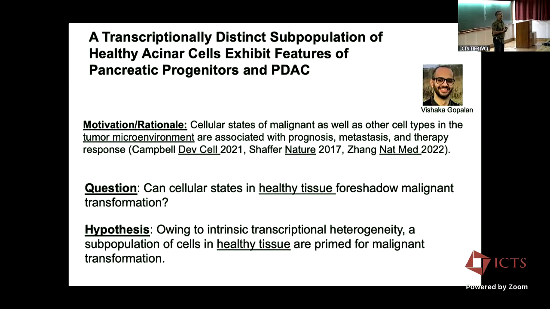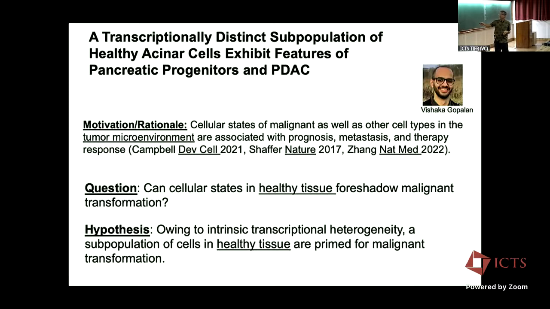Why wouldn't this happen in normal tissues? So that was the thought experiment. So that's the question. Can cellular states in healthy tissue foreshadow malignant transformation? Malignant transformation just as a stand-in for something we are looking for when we are searching for heterogeneity in healthy tissue, right? Because what else will we look for?